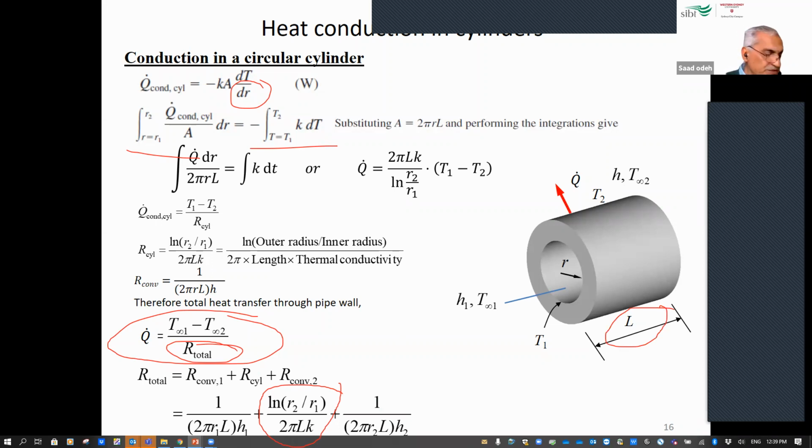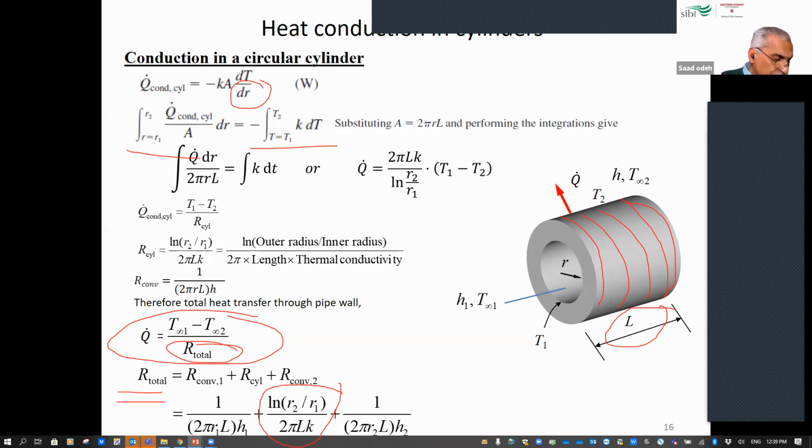And now the surface area of heat transfer, or the heat transfer area, is actually the surface area of the tube. So the area of the cylinder. Okay, so the R total here is again the combination of R convection, R conduction, and R convection.